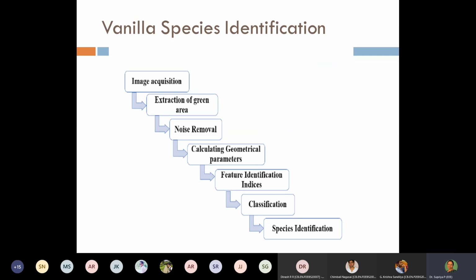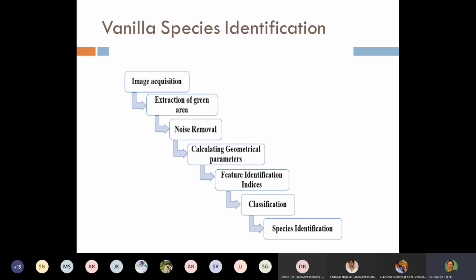Going on to the example which has been implemented in the university as part of a project for MTech. I'm just discussing that particular case. Vanilla, most of you are familiar, is a flavoring agent which is quite expensive, and actual vanilla cultivation is really a lucrative process.